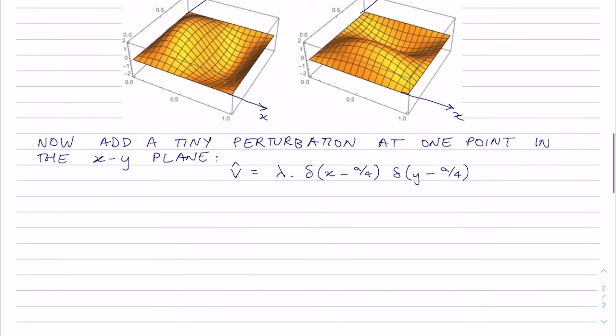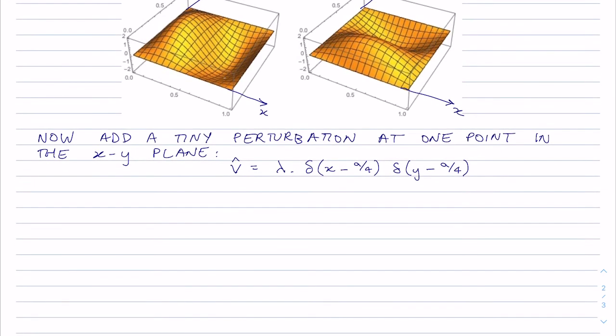So then let's have a look what happens to our matrix element. V_AA is equal to the integral. It's a double integral because it's in 2 dimensions.